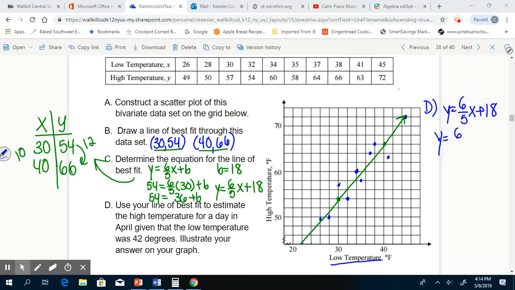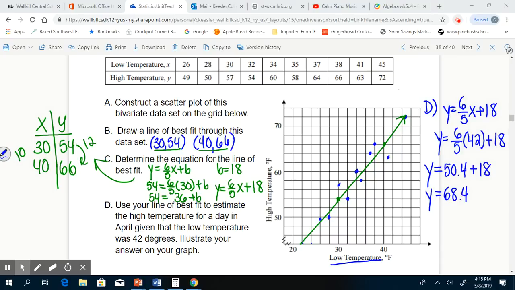So y = 6/5 of 42 + 18. So y = 42 divided by 5 times 6, which is exactly 50.4, + 18. Adding the 18, we get y = 68.4.